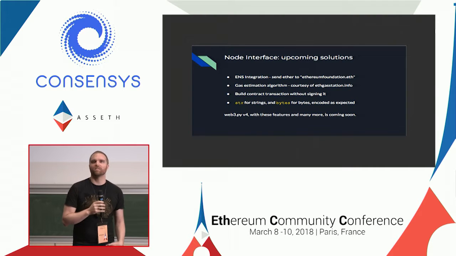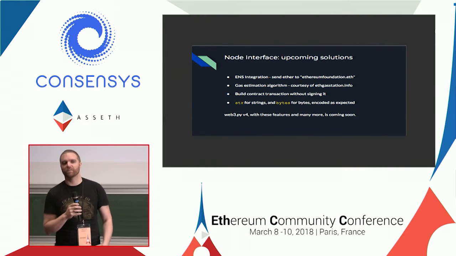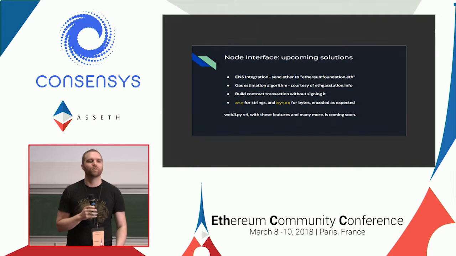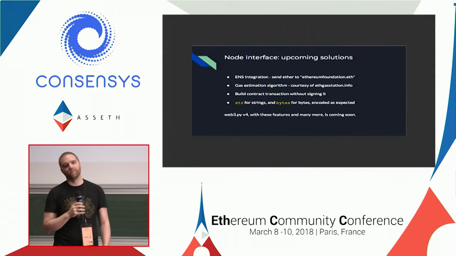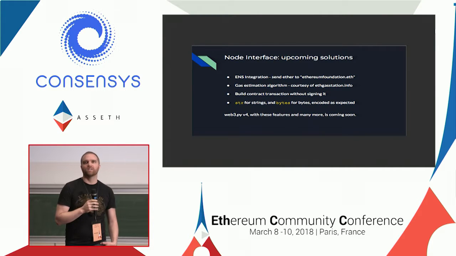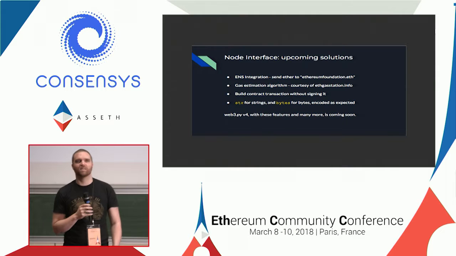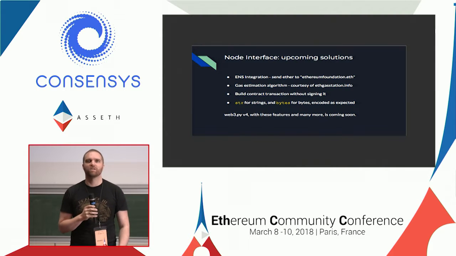Of course, there's still phishing attacks and things like that, but it's certainly a lot easier for a human to spot a letter swap. In addition, checksum addresses are required everywhere in version 4 of Web3.